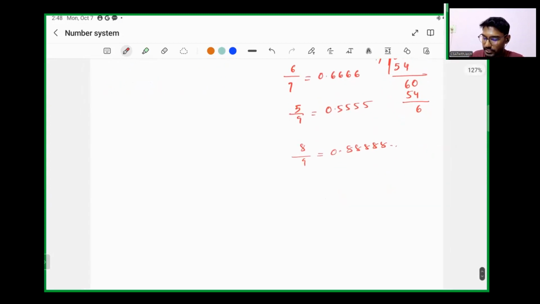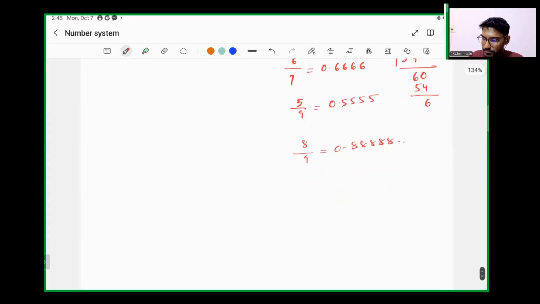Another thing that you need to understand is if I am writing 43 by 99, you will get 0.434343 like this. Okay. If I am writing 12 by 99, you will get 0.121212 like this.